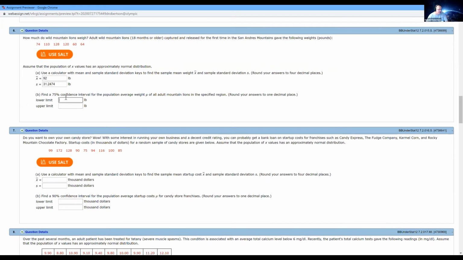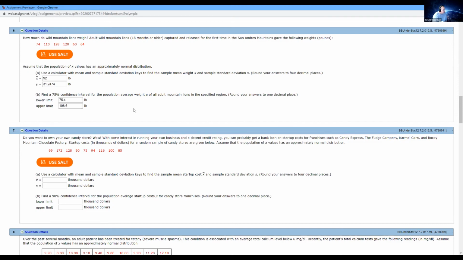And the lower limit to 1 decimal place is 75.4. And the upper limit is 108.6. And that's pretty much the end of that question.